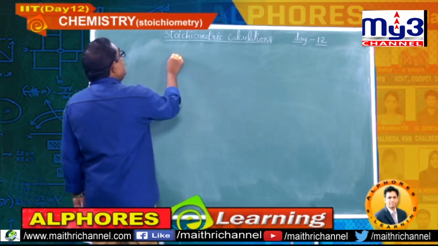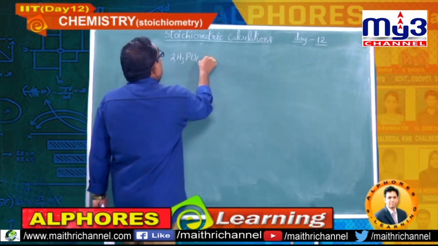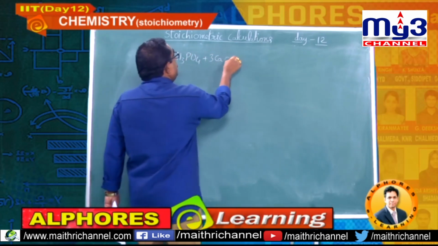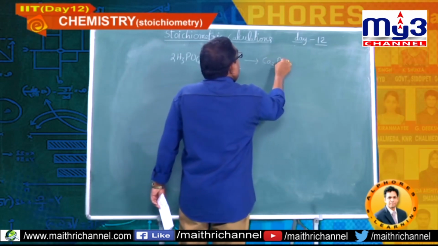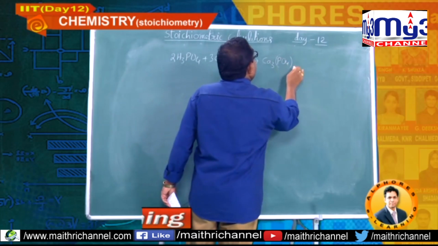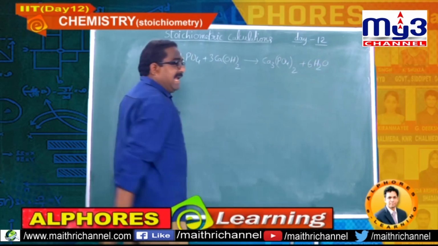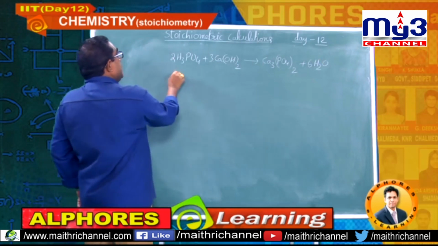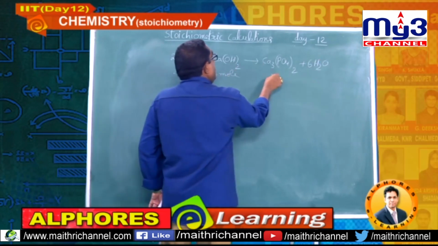Please concentrate. Okay, this is the question. As per stoichiometry, you can write 3 mole, 3 mole, 1 mole.